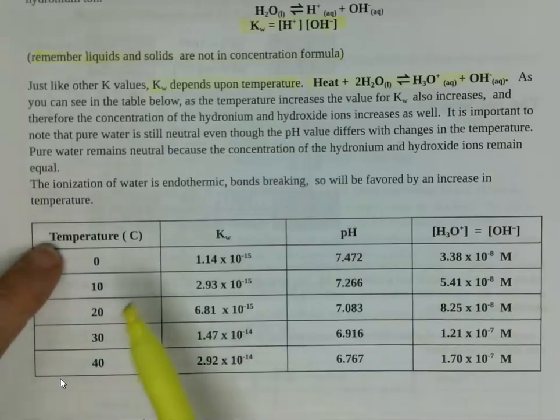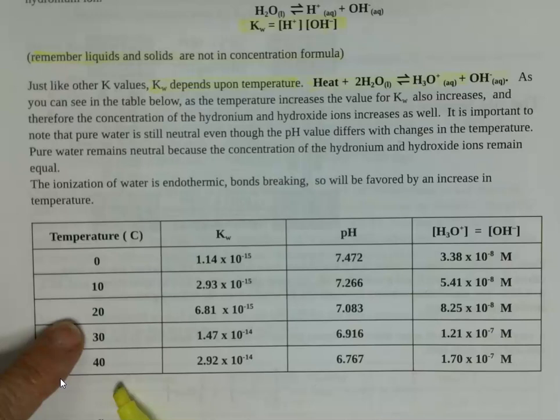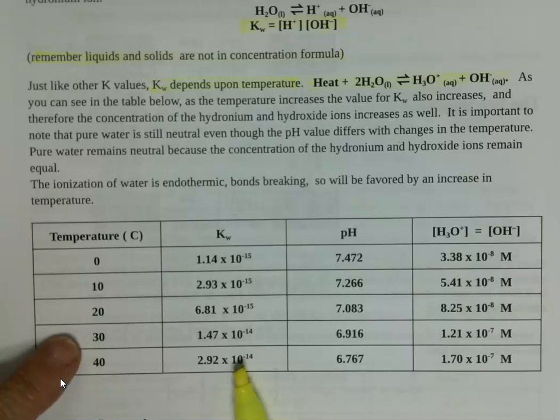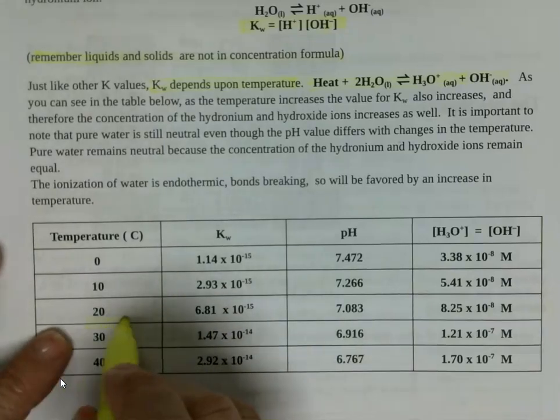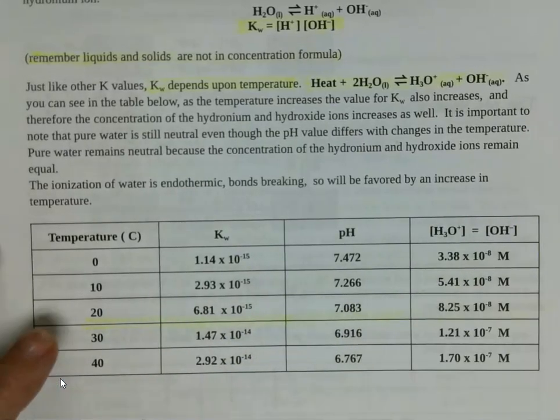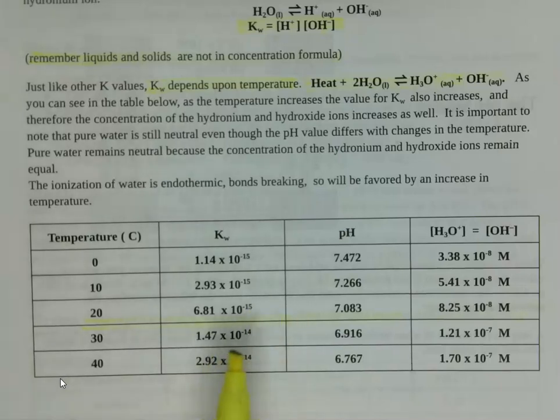You can see that the temperature is changing, which, as the temperature changes, changes your KW value. Our normal that we use would be at 25, which would be right in here. And at 25, we're at 1 times 10 to the negative 14. So you kind of see it's very close here.